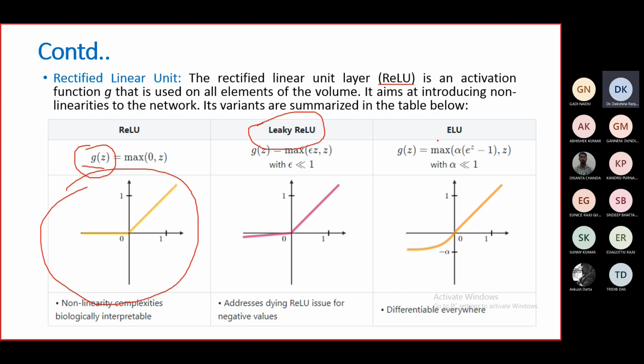We have another modified ReLU activation function, which is known as the ELU activation function. The formulation for this ELU activation function is this. If you look at the shape of this ELU activation function, you can see that it is differentiable everywhere.